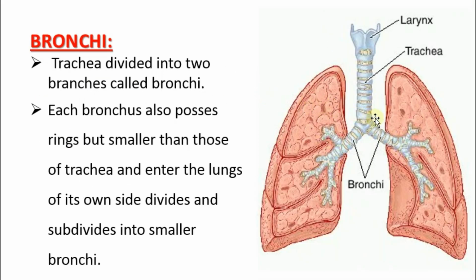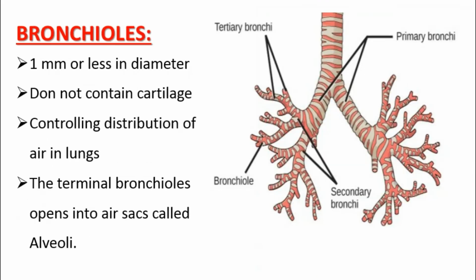Bronchi. The last part of the trachea is divided into two bronchi. Here you can see. Each bronchus also has ring-like structures like the trachea, but smaller than the trachea. These bronchi are then divided into sub-bronchi, and then into bronchioles.